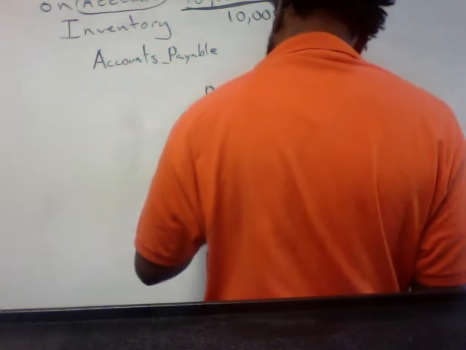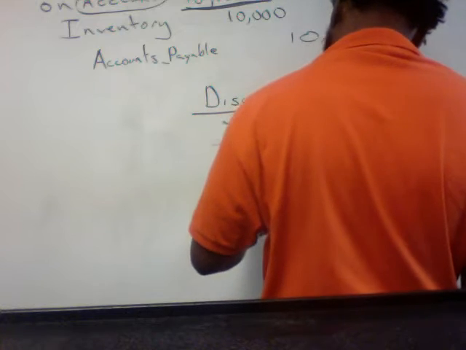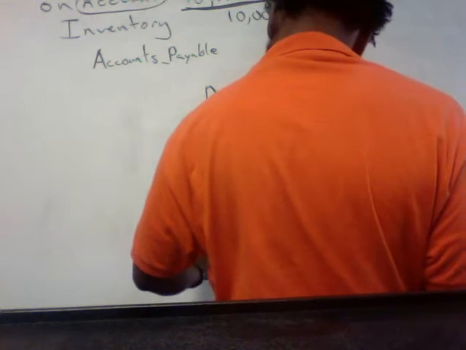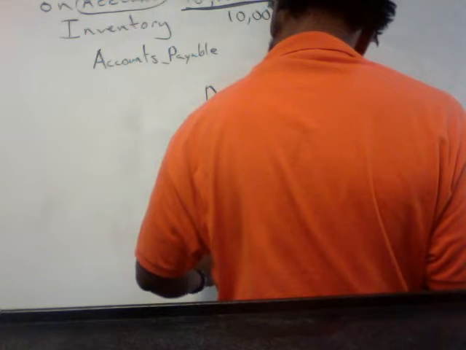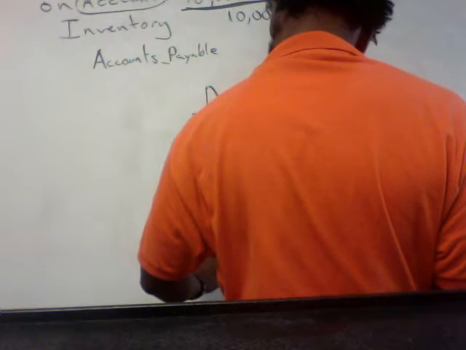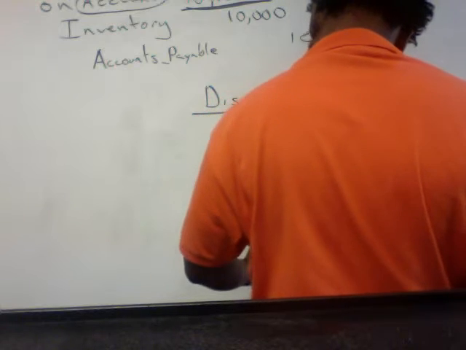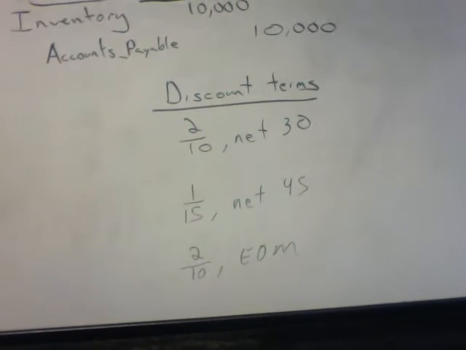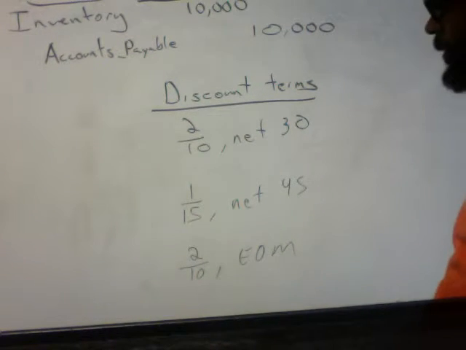We're going to say 1/15 net 45. And let's say 2/10 EOM. Okay? So these are the following discount term examples, and I could explain them accordingly.